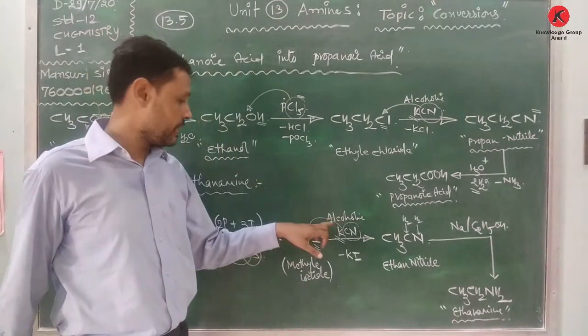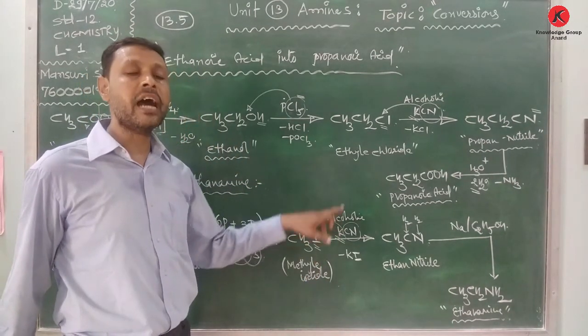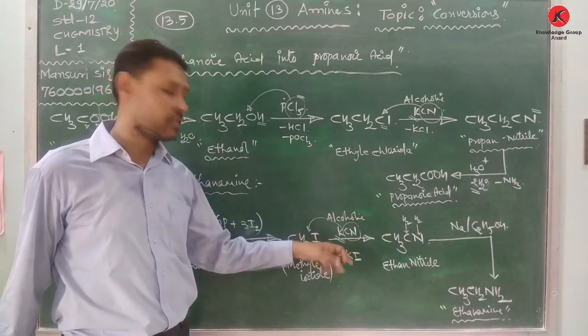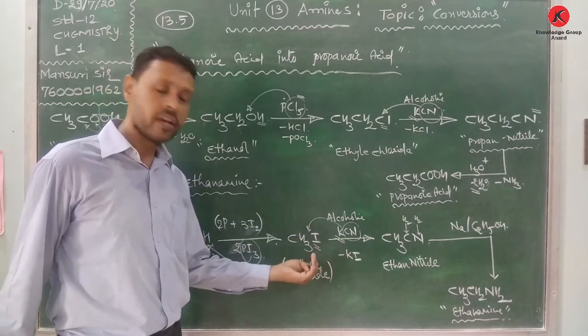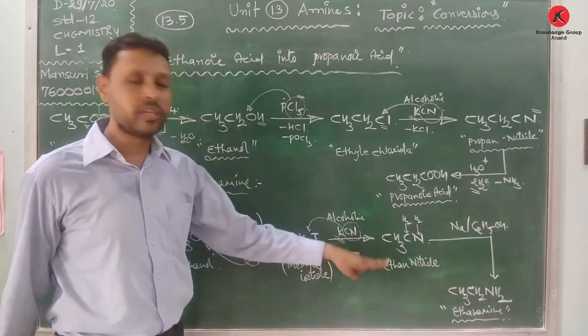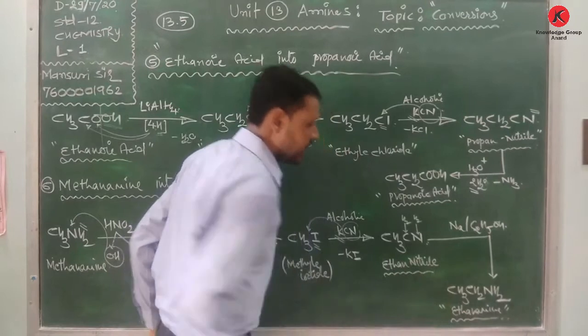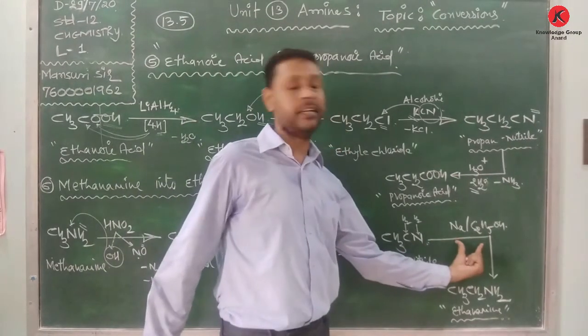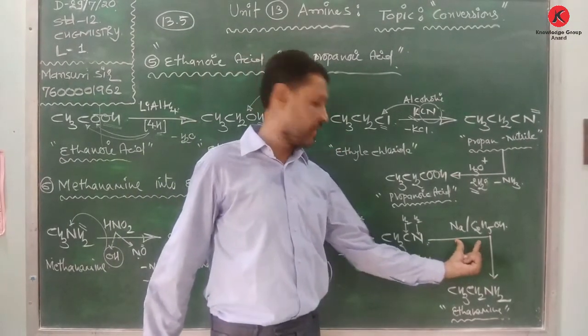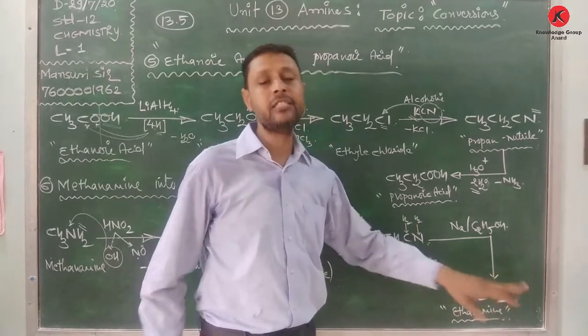And after getting methyl iodide, when alcoholic KCN solution is mixed with this iodide, then ethane nitrile is formed, and after getting ethane nitrile, when reducing agent Na-ethanol is given, then ethanamine is obtained.